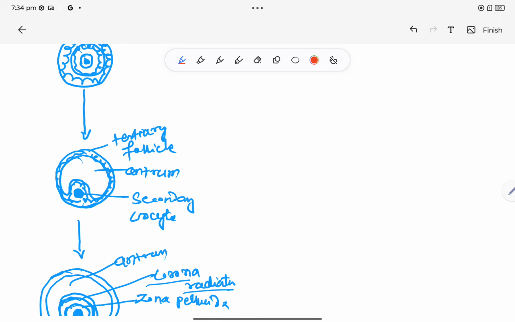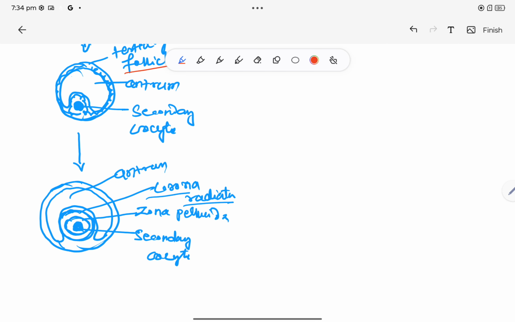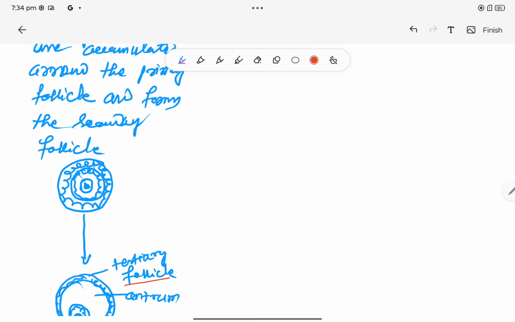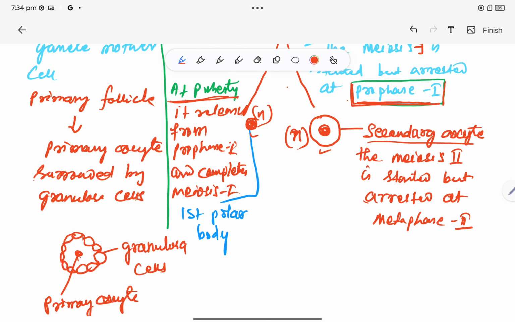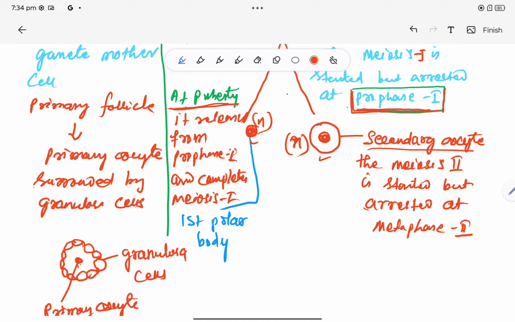So पहले tertiary follicle में होता है, then it is contained in the Graafian follicle. तो जब Graafian follicle में होता है तब ये मेटाफेज 2 तक आके रुक जाता है.